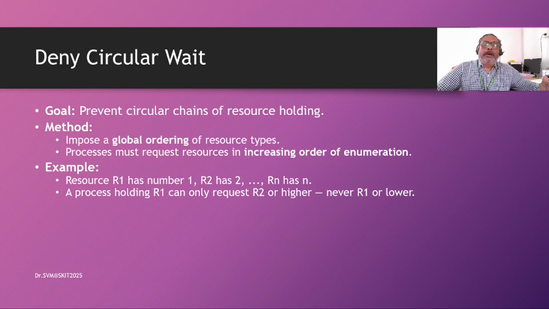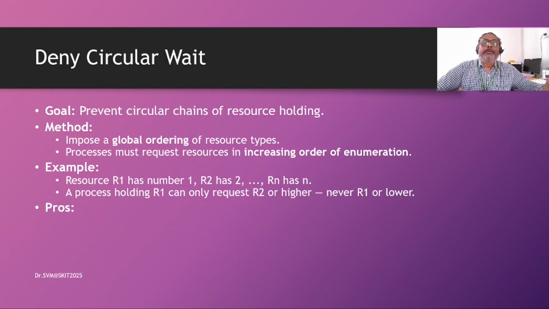After holding R5, it can request R6, R7, R8 and so on, but definitely not R4, R3, R2, R1. So it can only look forward, it cannot look backward, and because of this we can ensure that there is no circular wait.